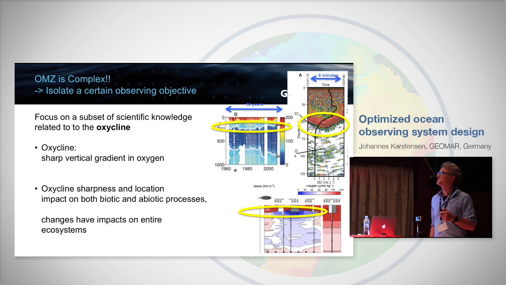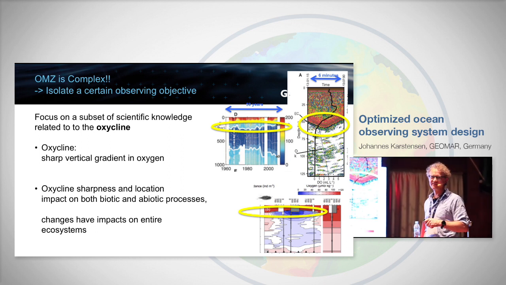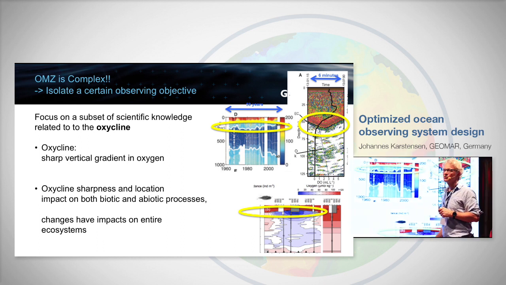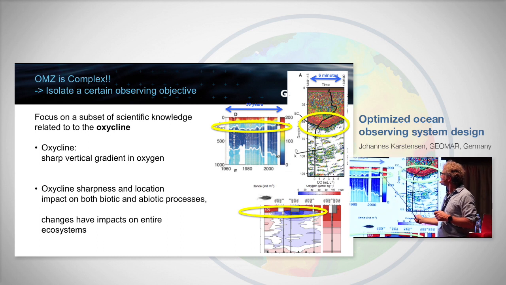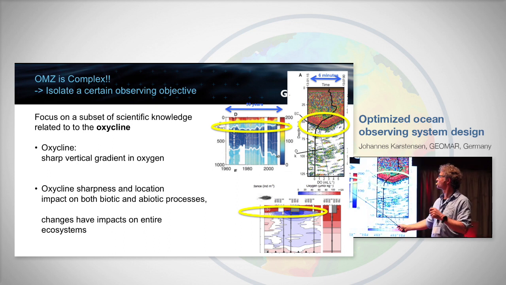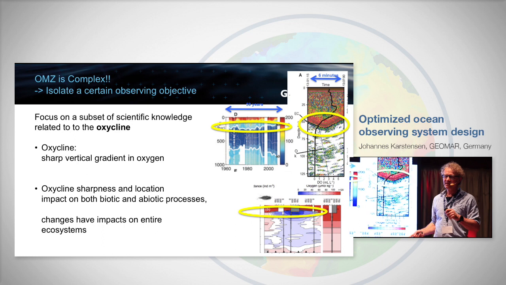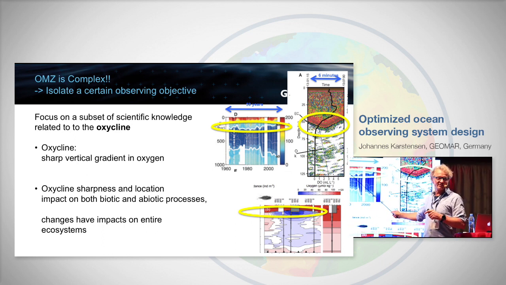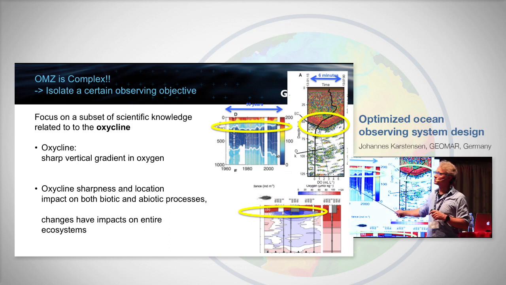So we, as a group, decided that this is way too complex, even if we would love to tackle that question. So we just concentrated on one kind of control surface, I would call it, which is the so-called oxycline. The oxycline is the region between very high oxygen near the surface and very low oxygen in the oxygen minimum zone.